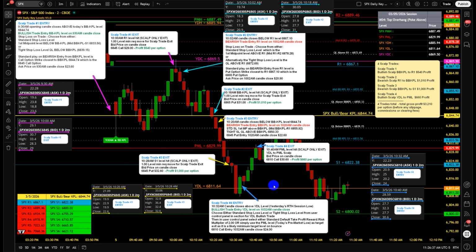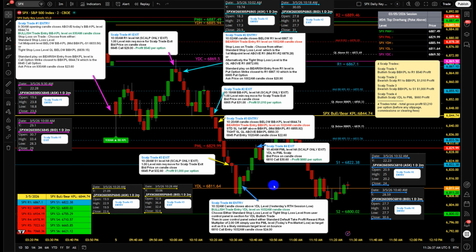So even though the default is 2.00, you could notch it down to 1.75 or 1.50 or 1.25 or 1 or 0.75, etc., if you're looking for a quicker scalp. Or you could ratchet it up to above 2 to whatever 0.25 increment you want to go to. You could go all the way back up to 30 as an example. That would be the max or somewhere in between.